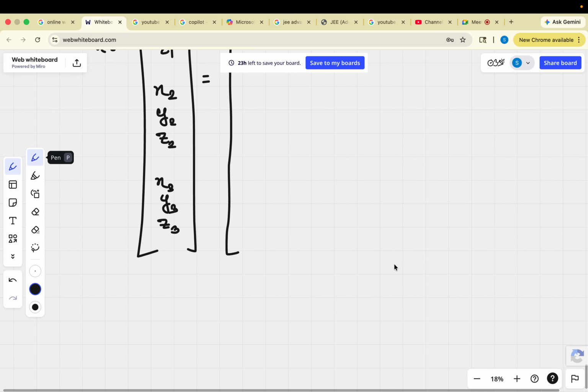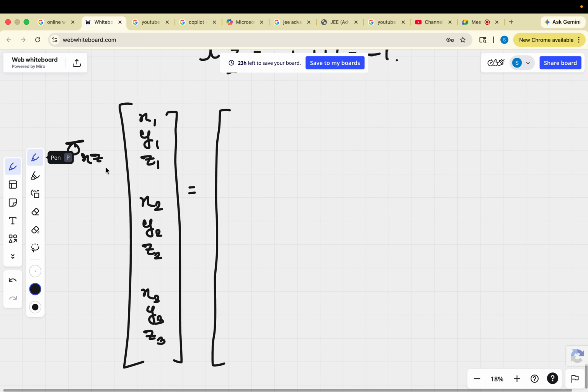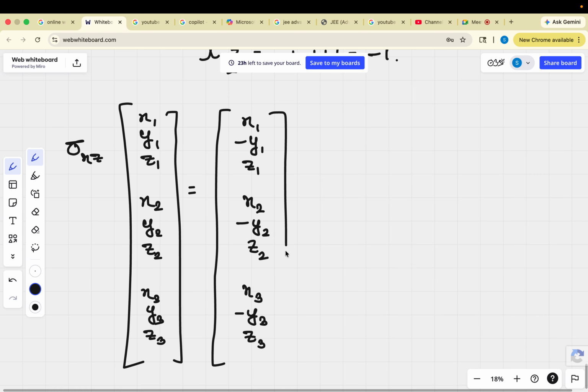So basically I can write down here that if you operate this sigma xz, only y will be minus. So you just write down like this, that x1 minus y1 z1, here you will get x2 minus y2, then you will have z2, and here you will get x3 minus y3 z3.